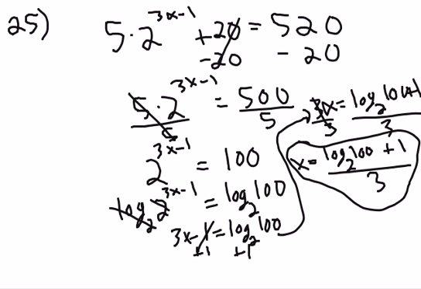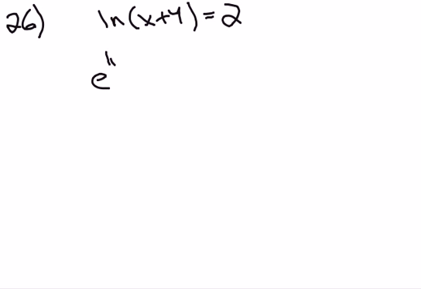Okay, and we'll do number 26 last here. Ln of x plus 4 equals 2. When you are dealing with getting rid of logarithms on both sides of an equation, you do need to check for extraneous solutions. Here I have ln, or log base e, so I am going to do e raised to ln of x plus 4 equals e squared.